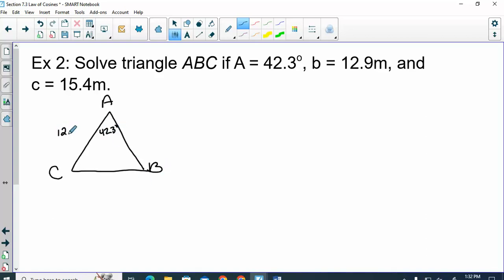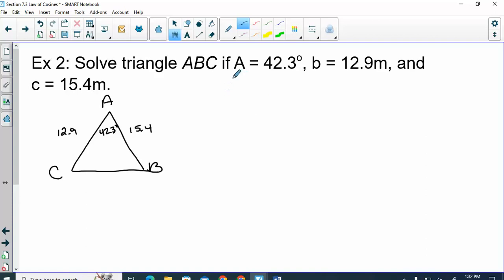Side B is 12.9 meters. Side C is 15.4 meters. So is law of sines an option for us? No. So we have to do law of cosines.